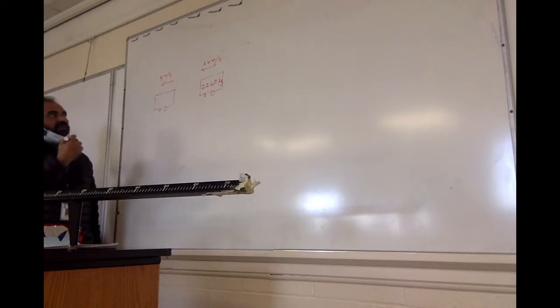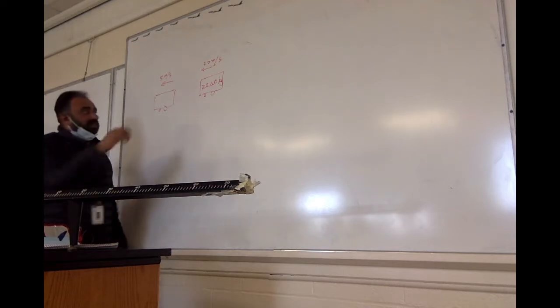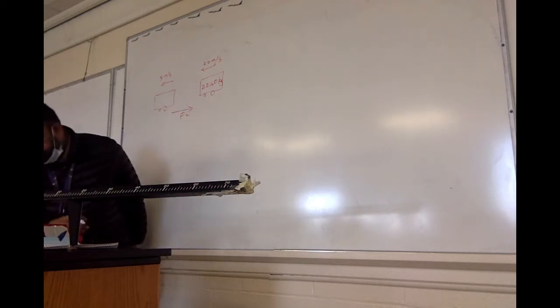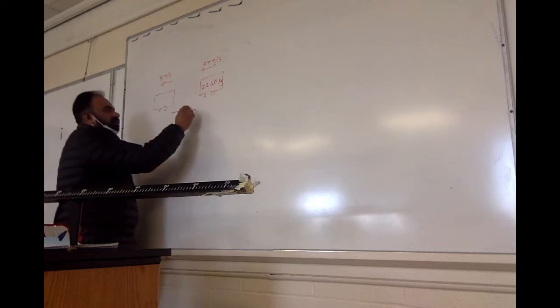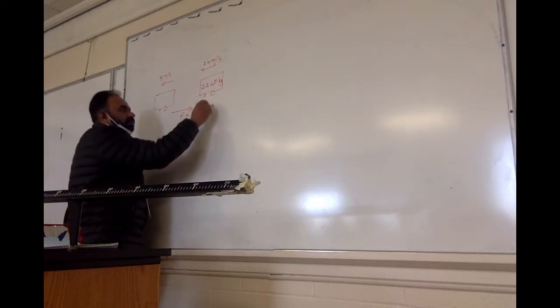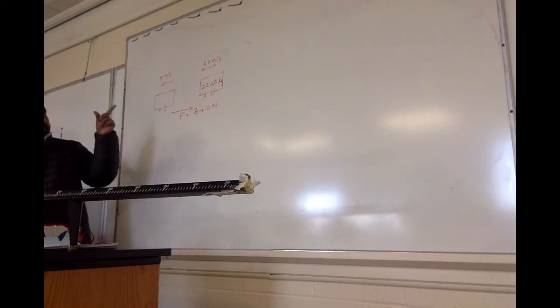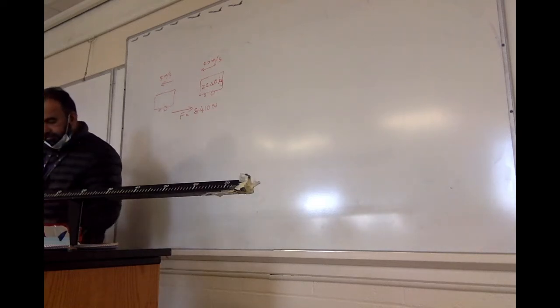It slows down to 5 meters per second, and this is because there is a force acting to the east of 8,410 newtons. This is what they have said in words. I'll read the question again and look at the picture that will get you an idea.